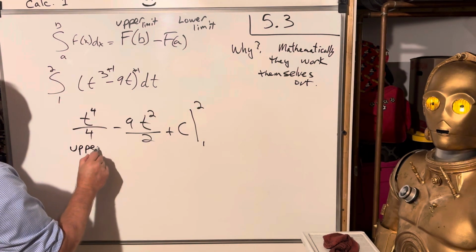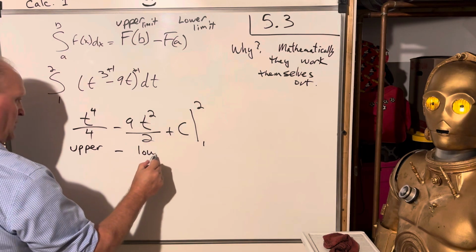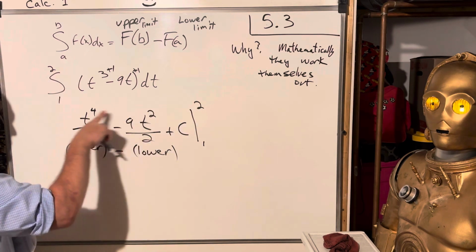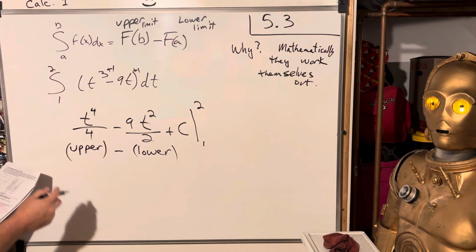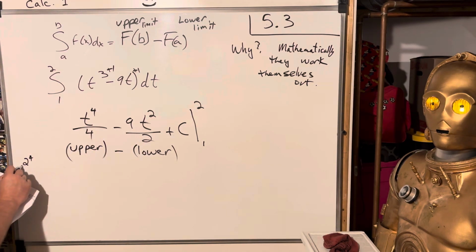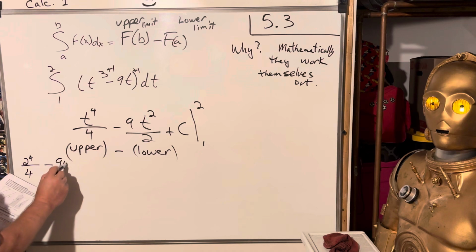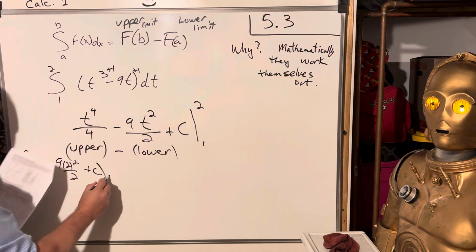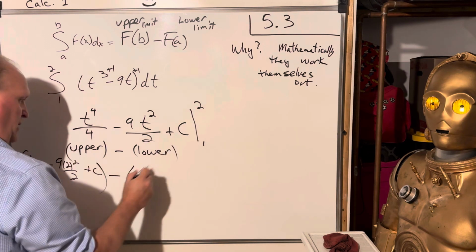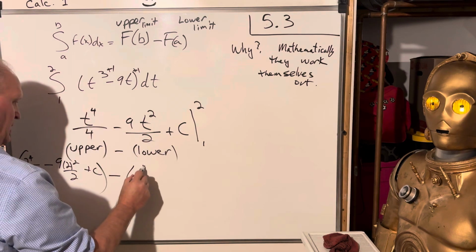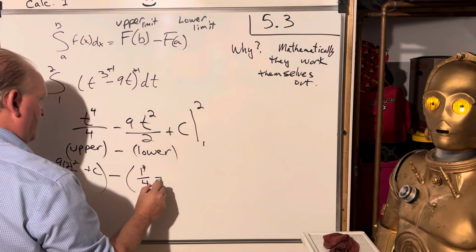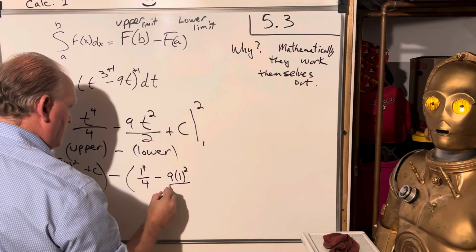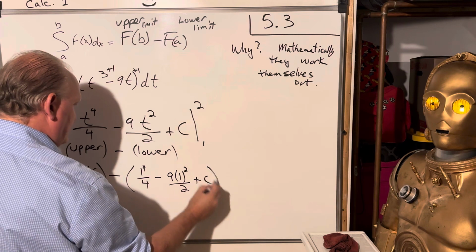If we do the upper minus the lower, what that's going to look like now is I'm going to put 2 in everywhere there's a t. And so I have 2 to the 4th over 4 minus 9 times 2 squared over 2 plus c, minus, and then I'm going to put 1 in everywhere there's a t. 1 to the 4th over 4 minus 9 times 1 squared over 2 plus c.